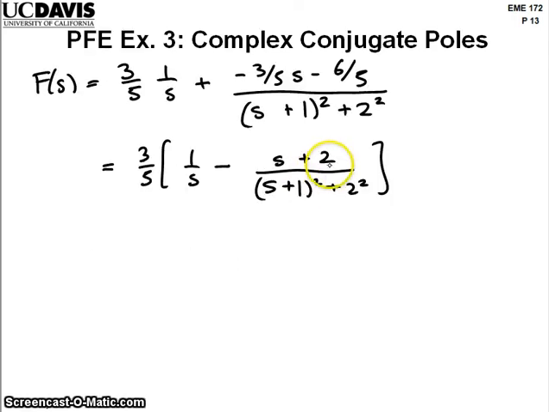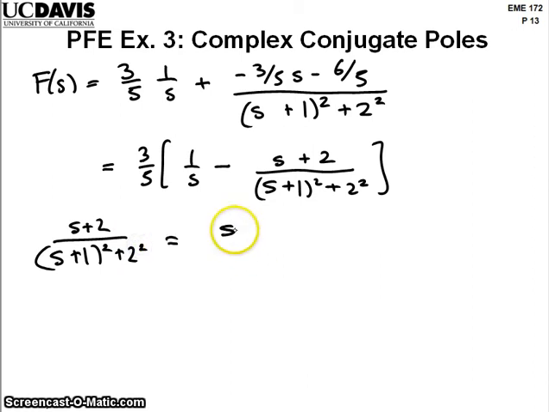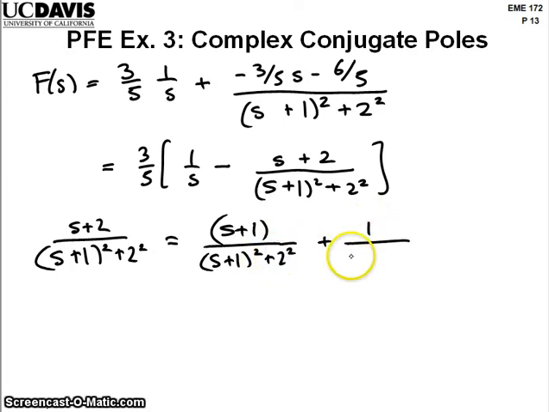So in this case, I could write s plus 2 over s plus 1 squared plus 2 squared as s plus 1 over s plus 1 squared plus 2 squared, plus 1 over s plus 1 squared plus 2 squared. I just used that s plus 2 is equal to s plus 1 plus 1. So this guy is already in the form that I need it to be.